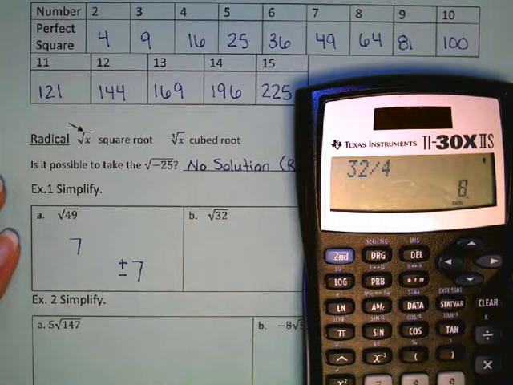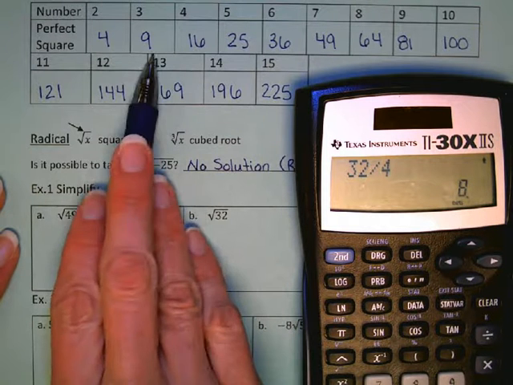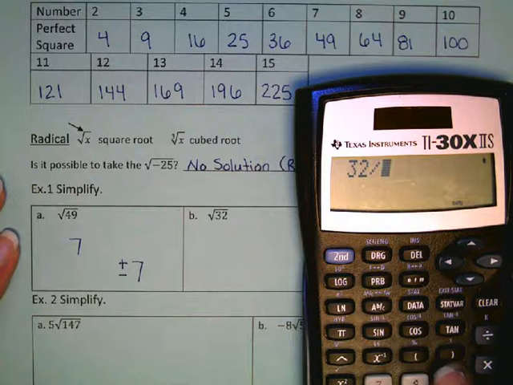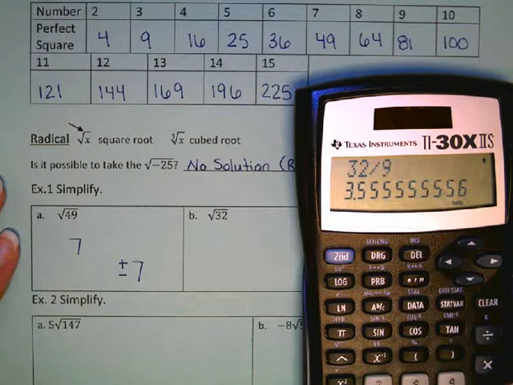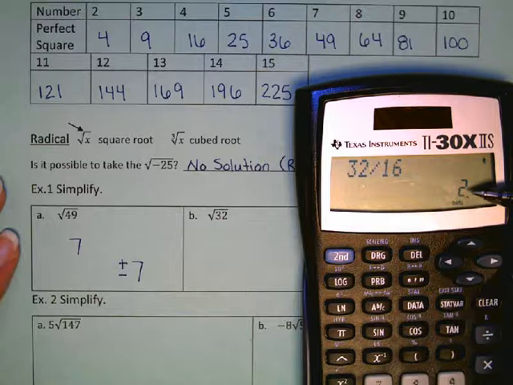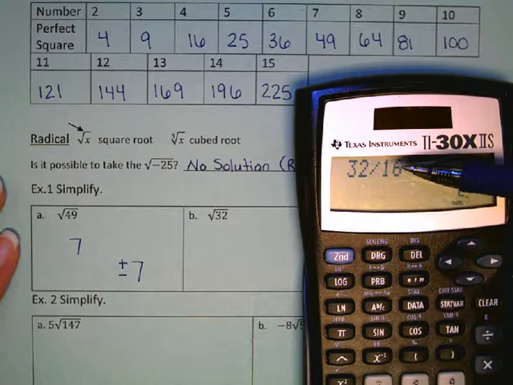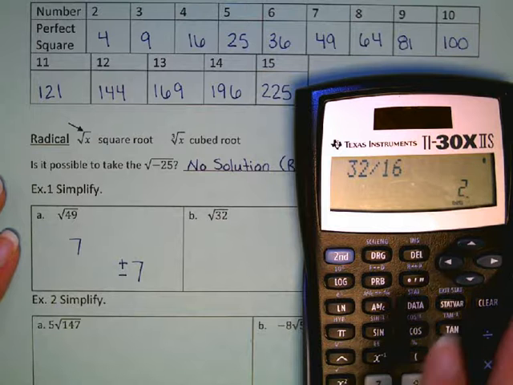Since 8 can also be divided by 4, I want to choose a bigger number on the list. So 32 divided by 9, well that doesn't work, that's a decimal. So next one's 16. 32 divided by 16 is 2. There's no other number on the list that can divide evenly into 2, so my answers are going to be 16 and 2. That's what I'm going to do a little tree diagram for here.